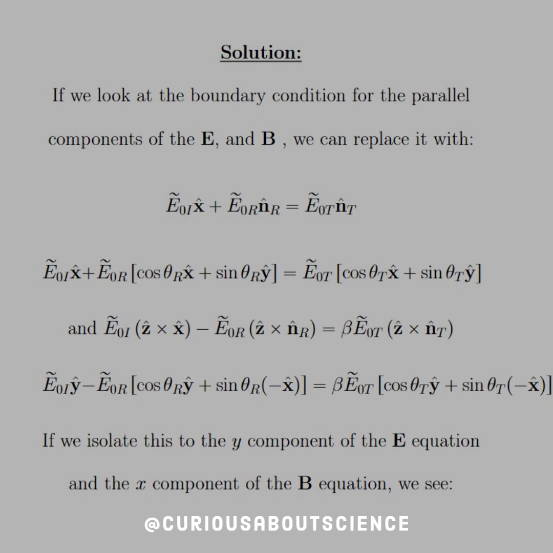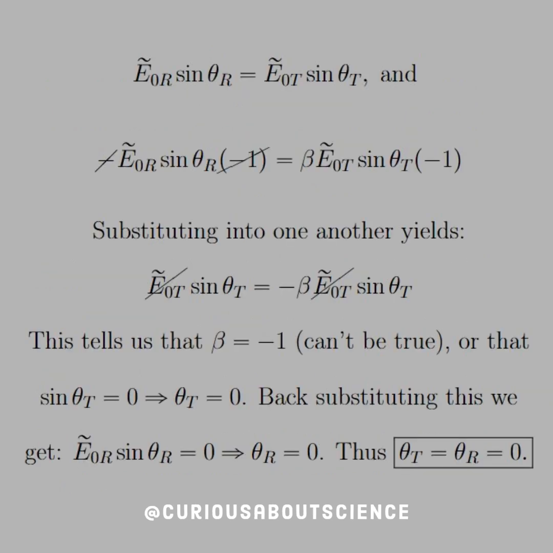So if we isolate this to the y component of the E equation and the x component of the B equation, we see that. Okay, so all we're trying to do is match component-wise. So x and y, we want to isolate to the y component, so we get the reflections there all together. We see that we have tilde E naught R sine theta R is equal to epsilon E naught T sine theta t.